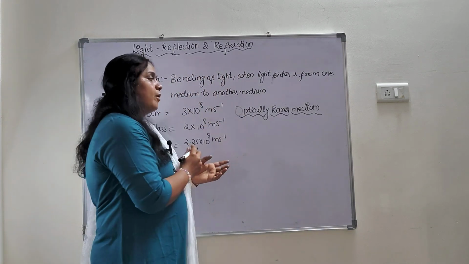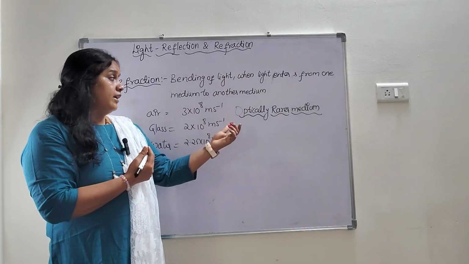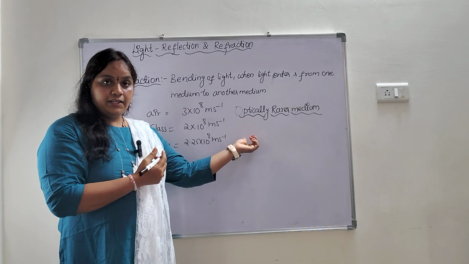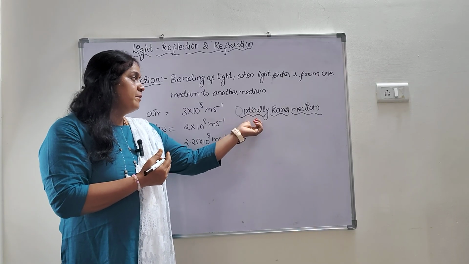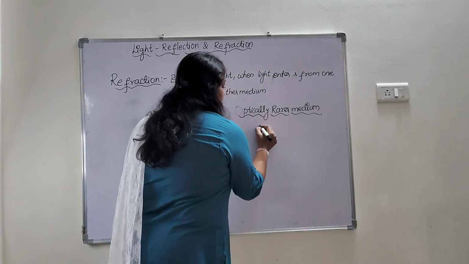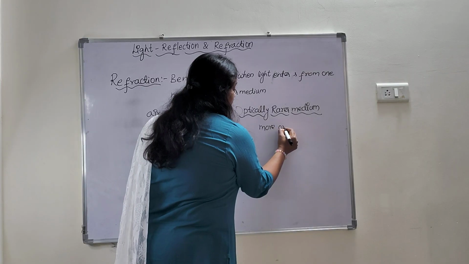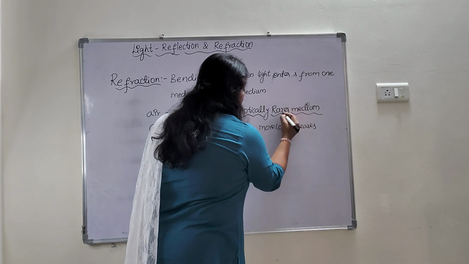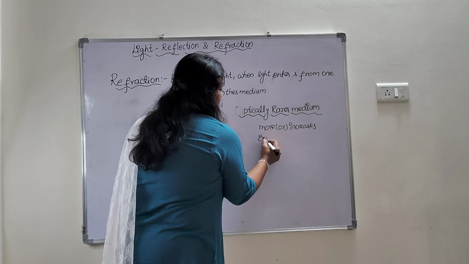What is optically rarer medium? A medium in which the speed of light is more, or increases, is called an optically rarer medium. Example, air.